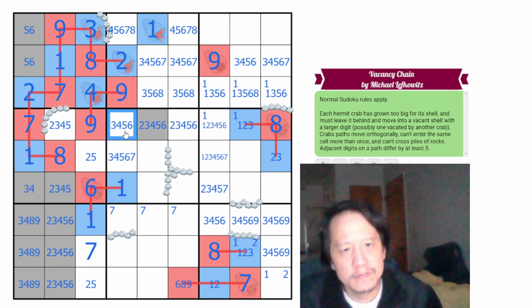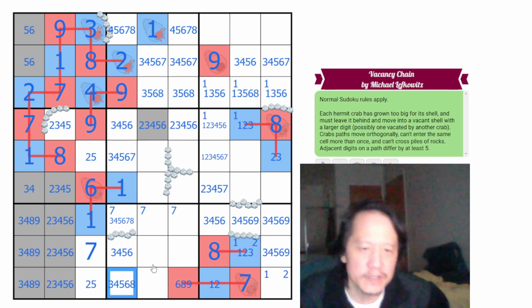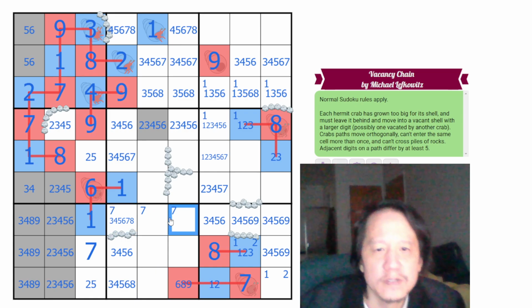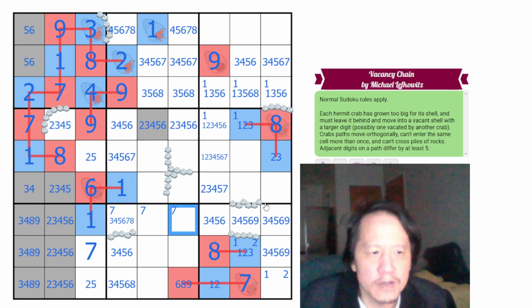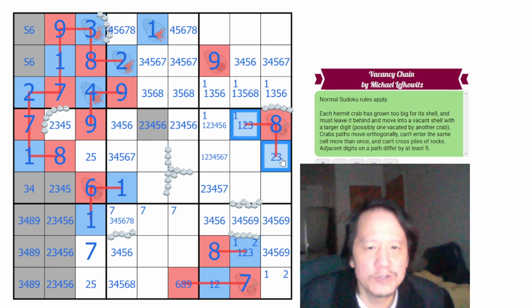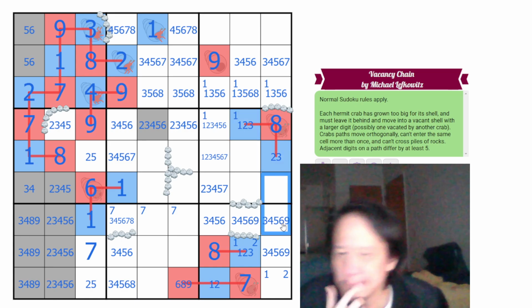No 8. This could be 3, 4, 5, 6, 7, 8. This could be 3, 4, 5, 6, but no 7 or 8. This could be 3, 4, 5, 6, or 8. What do we have here then? This is 2 out of 1, 2, or 3. It could exit out here.